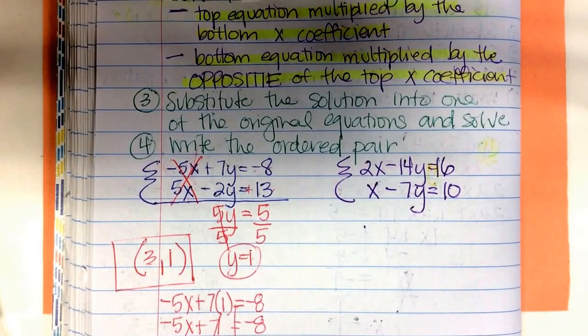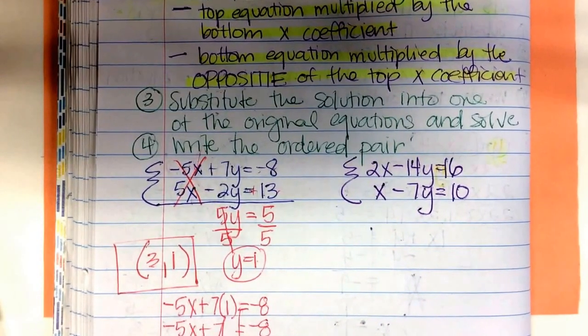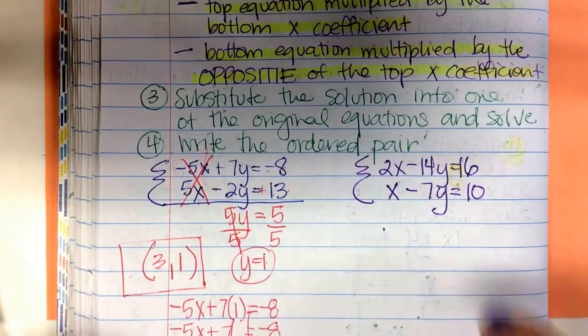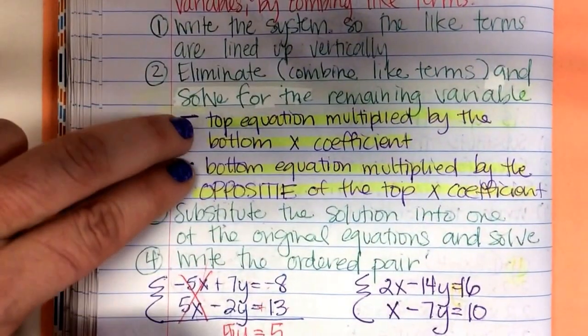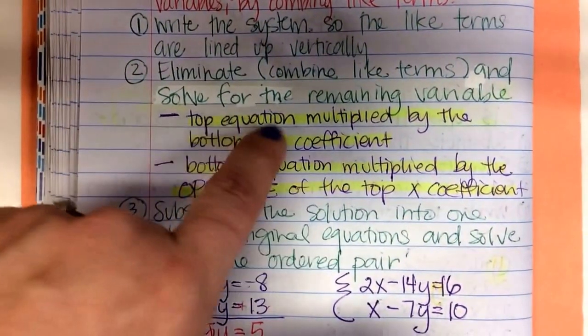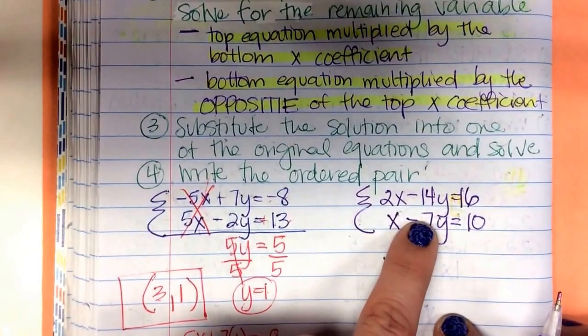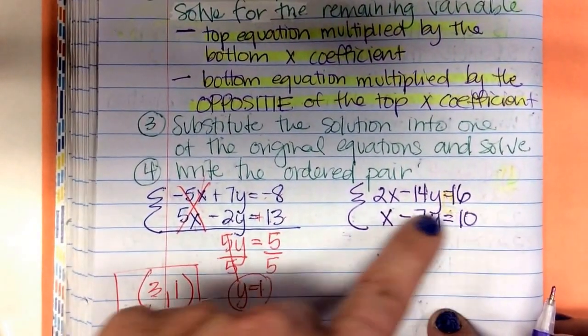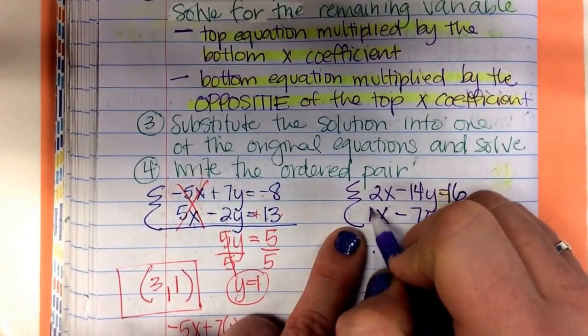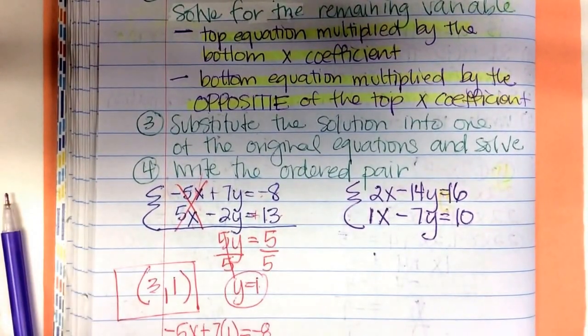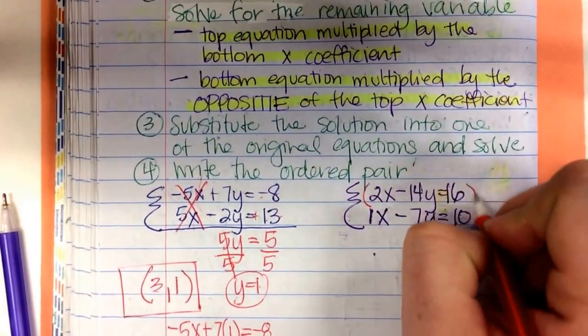Are there opposites up there? No. So this is where we have to use this rule. The top equation gets multiplied by the bottom x coefficient. So I look down here, what's the x coefficient? 1. So the top equation is going to get multiplied by 1.